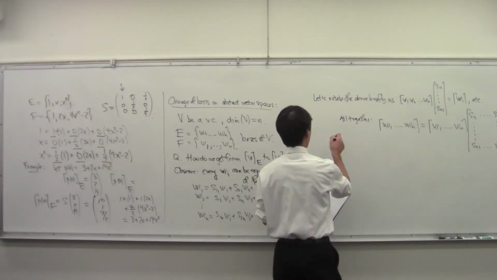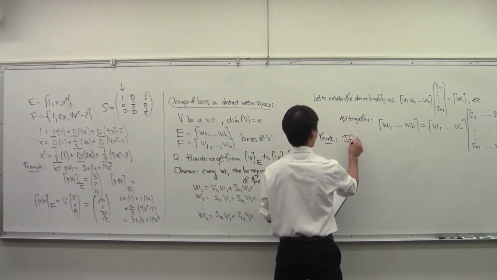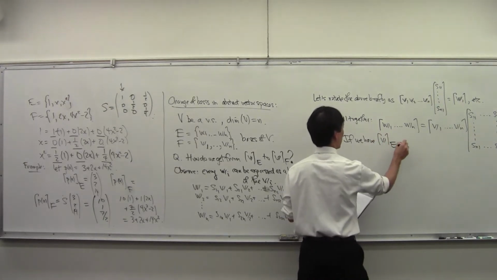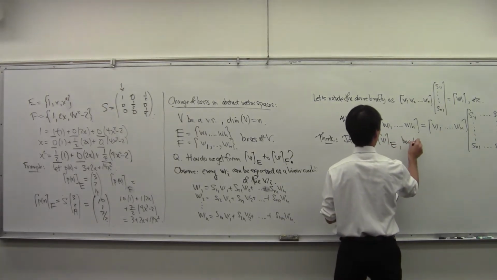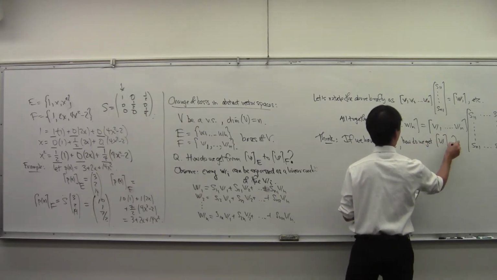Okay, now let's think. If we have the coordinate vector with respect to E, how do we get the coordinate vector with respect to F?